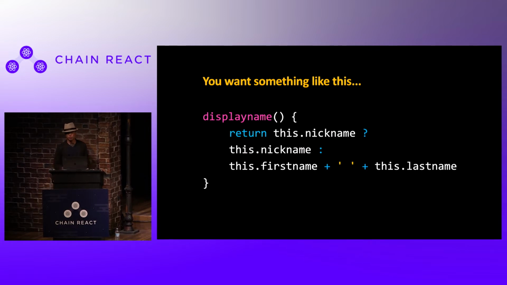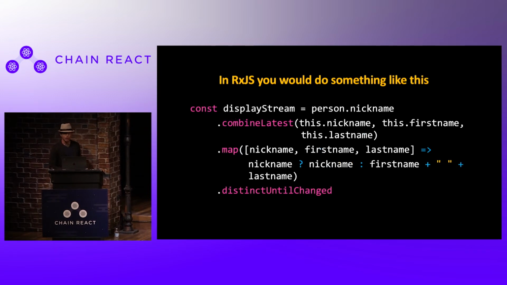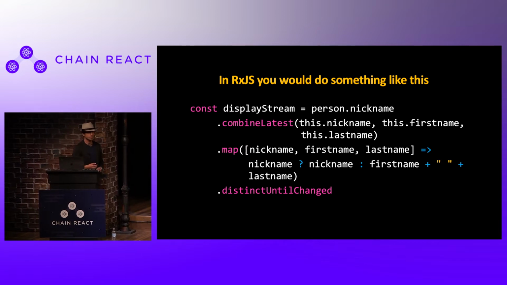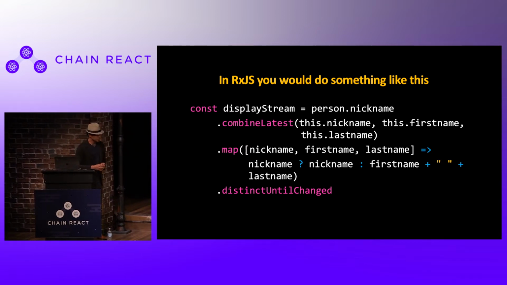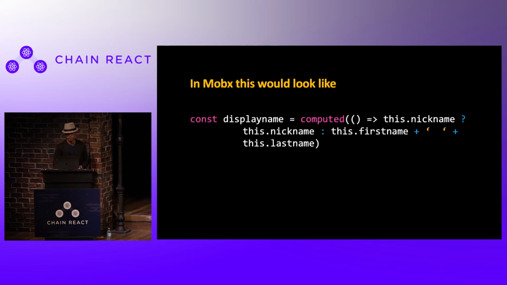So let's suppose you want to reactively derive a display name of a person object. You want something like this. In RxJS, you would use combineLatest, map, distinctUntilChanged. These are operators. In MobX, you hardly have operators, as the stuff is normally combined through normal JavaScript constructions.